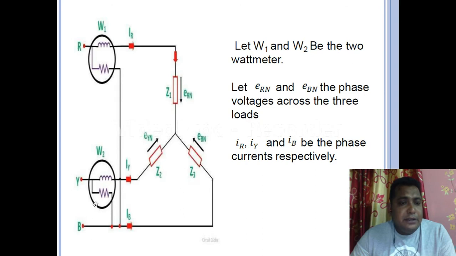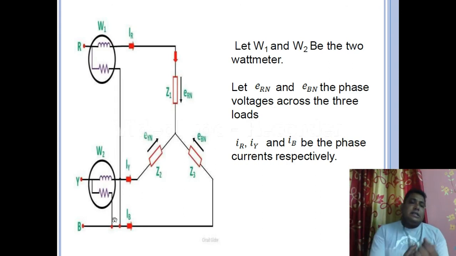This is wattmeter 1, this is wattmeter 2. We know that there is a current coil and a pressure coil in each. The current coil is connected in series with that phase, and the pressure coil is connected with the remaining phase with which no wattmeter is connected. In the second one, the current coil is connected in series, and the pressure coil is connected with the B phase. So this is the connection system.